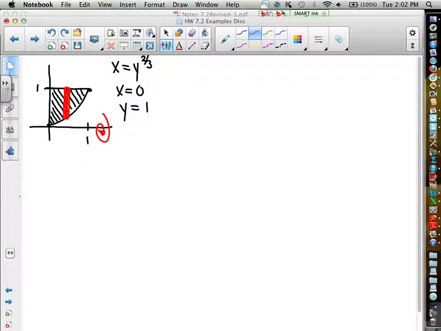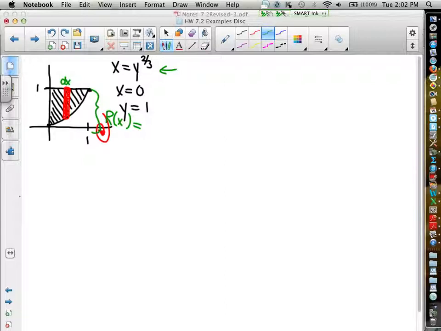So we have a big radius, we have a small radius. Since my rectangle's up and down, the width of the rectangle is some x value, so I need my equations with x's, not with y's. So what do I need to do to this guy? X equals y to the 2/3 power.